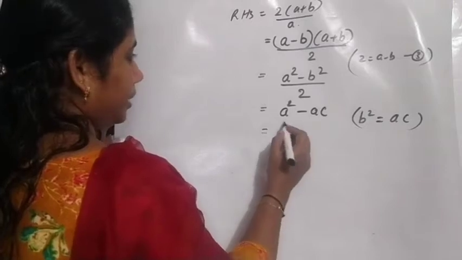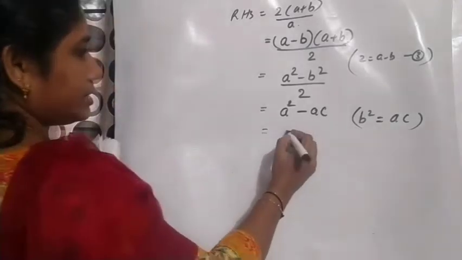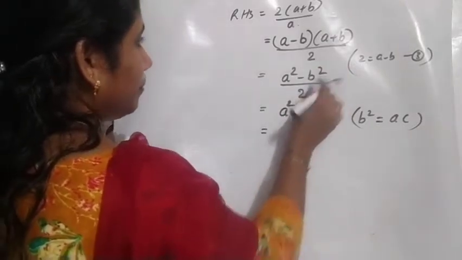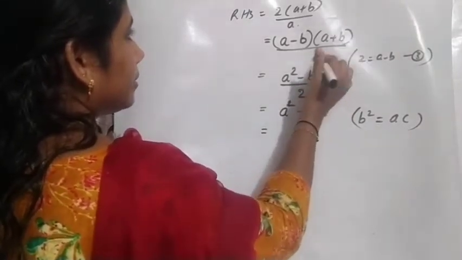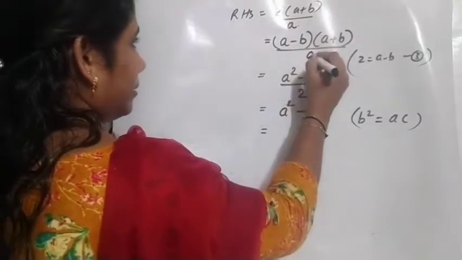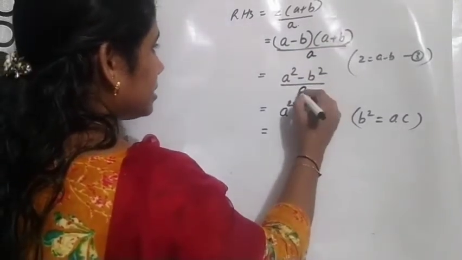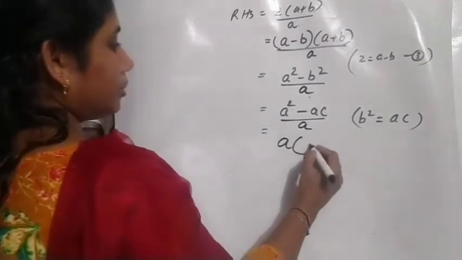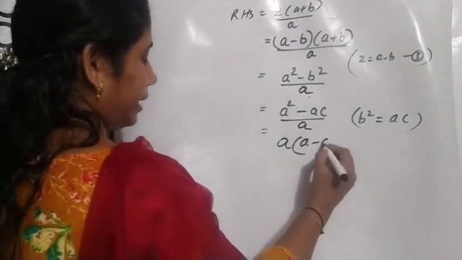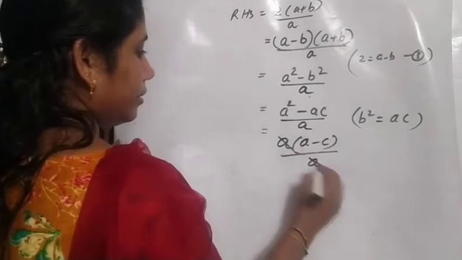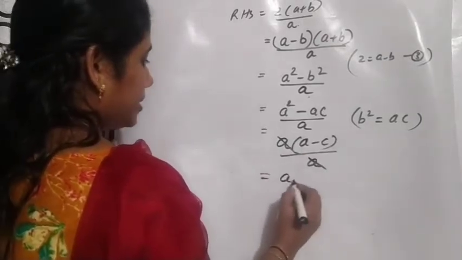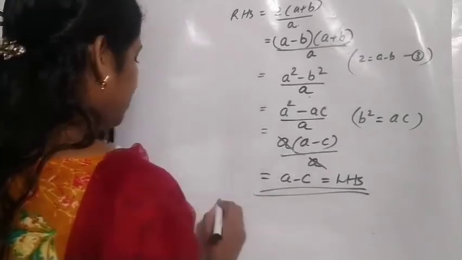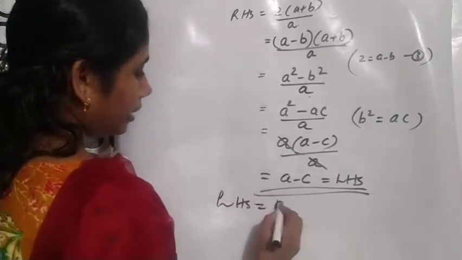That is equal to A square minus AC divided by A. Here A into, take the common factor outside, A minus C by A. Okay. You will get A minus C only, no? That is the LHS. Hence we proved LHS equal RHS.